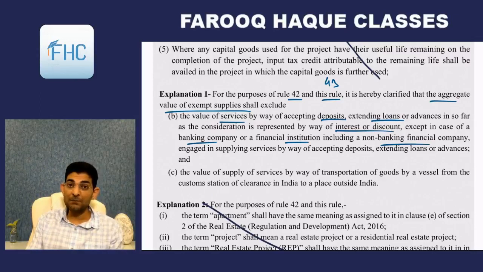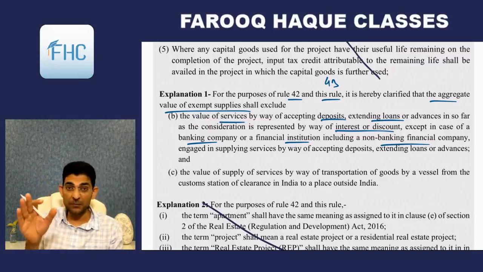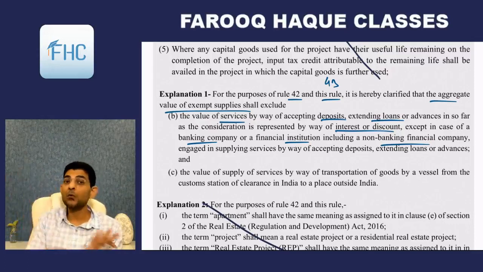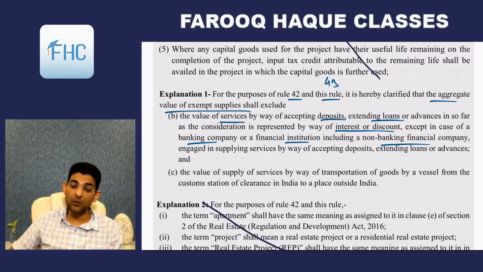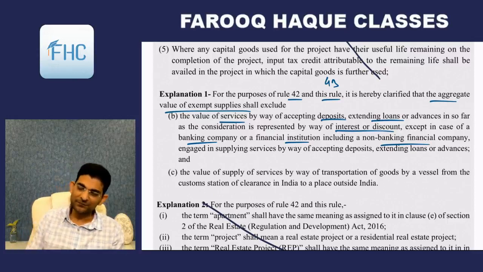So for banking companies, NBFCs and financial companies, the interest and discount which is part of their turnover will be considered as exempt supply. But for others, it will not be considered as exempt supply. It will not be included in the value of exempt supplies. Okay, like Farooq gives loans to students, that will not be excluded. But for banks and NBFCs, yes, it will be excluded.